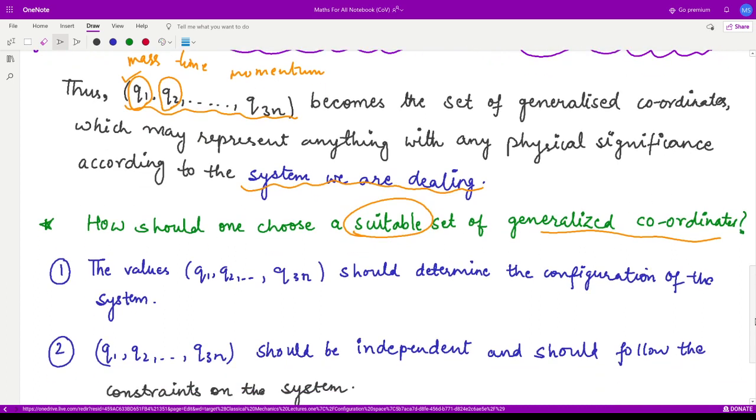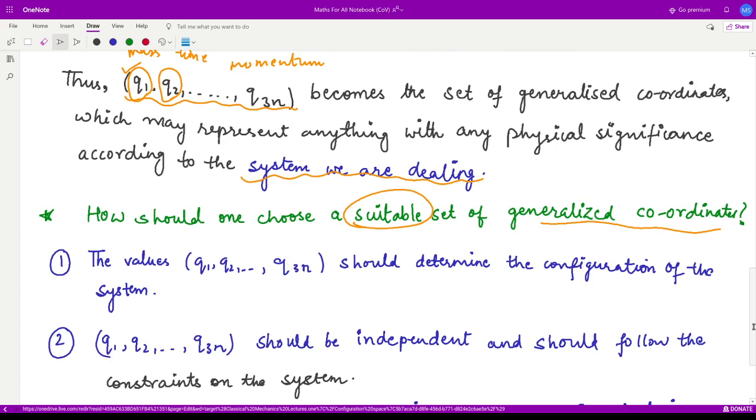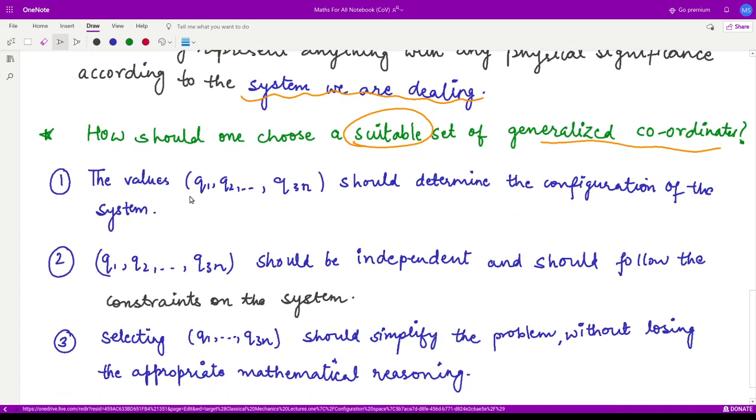You should note that whatever coordinates you choose, they should determine the configuration of the system completely. What does that mean? That means the complete information about the system should be obtainable using these coordinates, right? Moreover, these coordinates should be independent of each other. That means one should not be dependent on another.